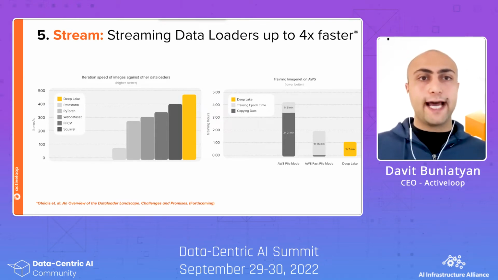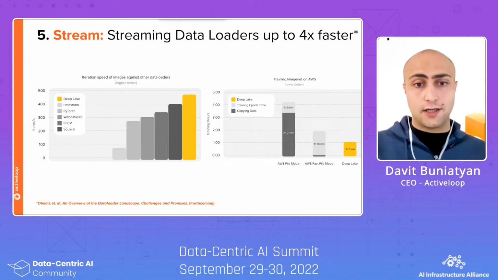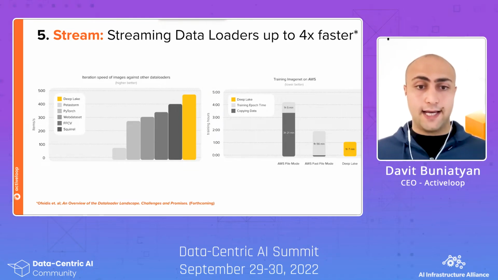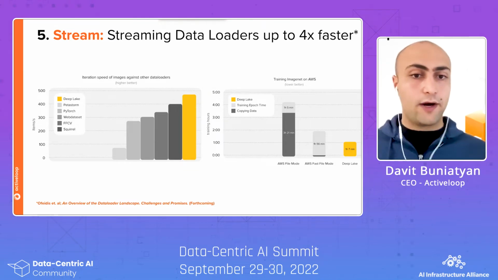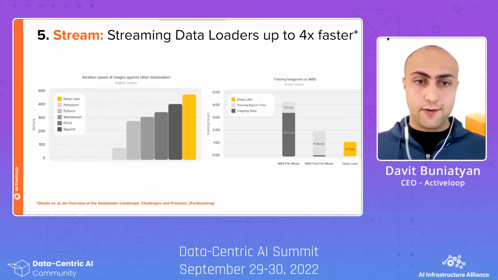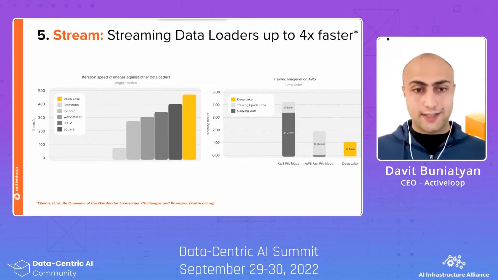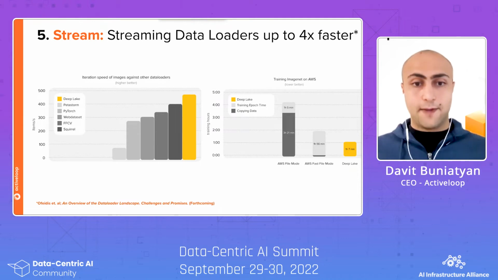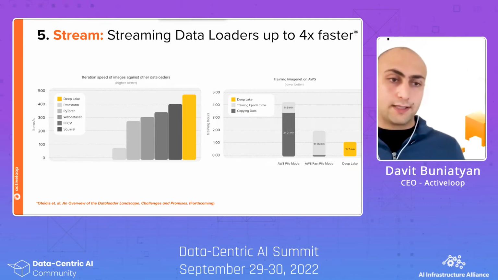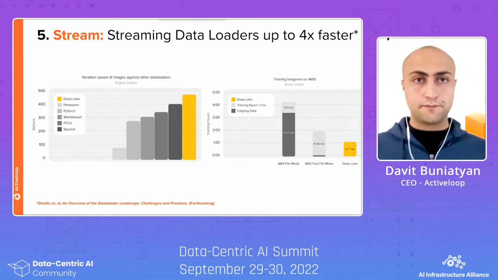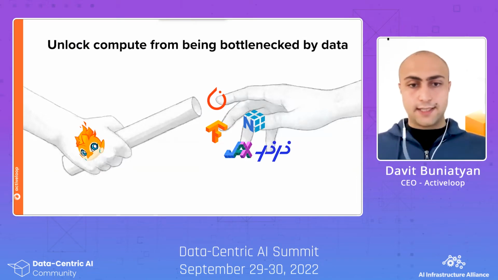So to recap, you have going from the version control, being able to visualize the data, being able to run queries, create materialized views, and then very efficiently stream this to the training process. And that's what Deep Lake is taking care of for you for the rest of the MLOps ecosystem. So you don't have to worry and spend a lot of time on building all this data infrastructure for your organization.